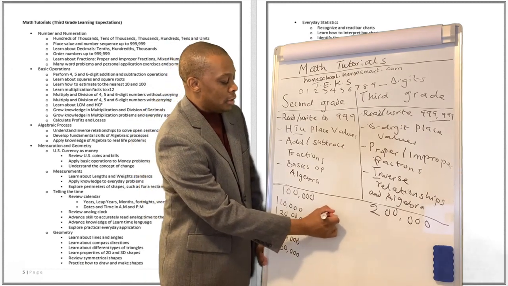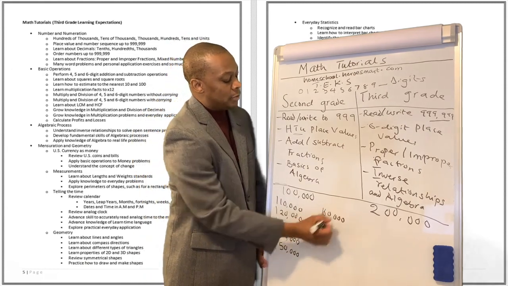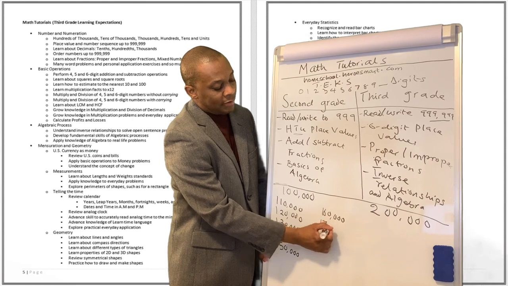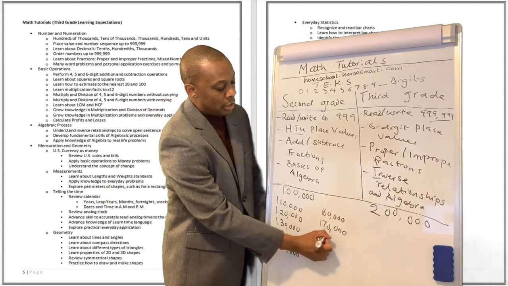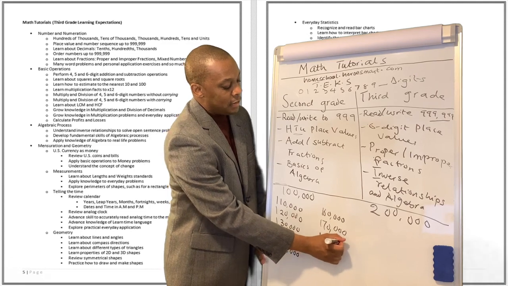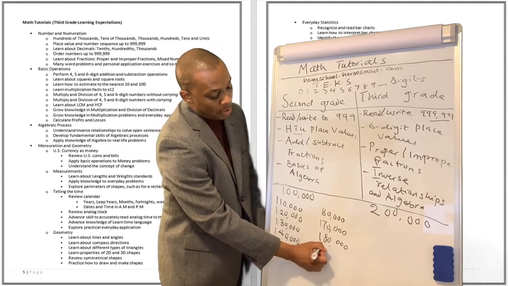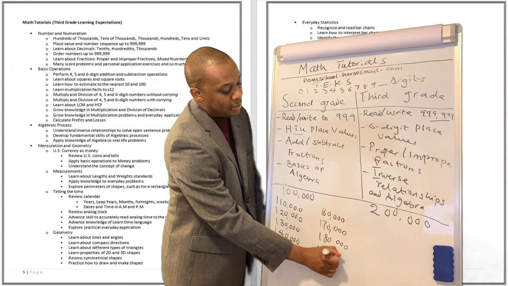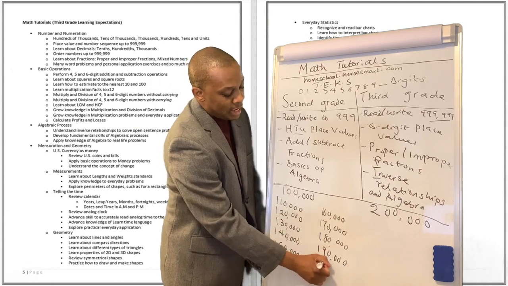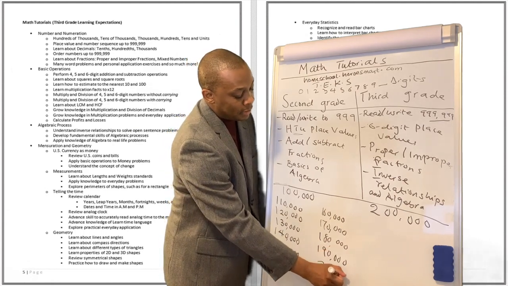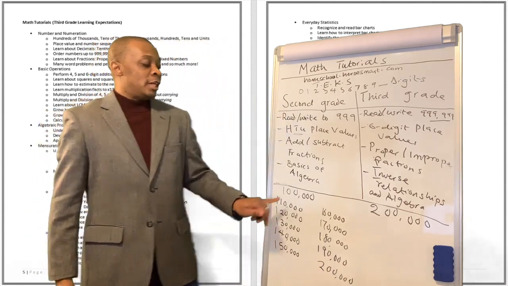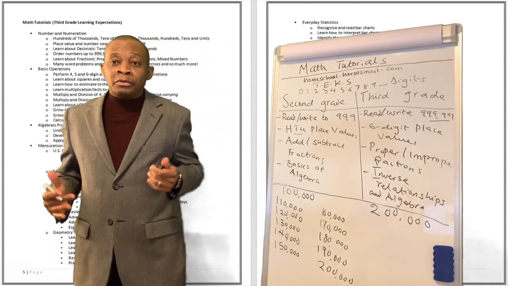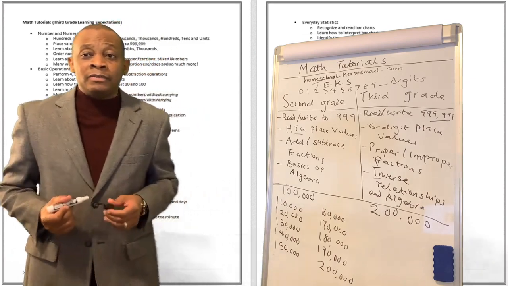And then 160,000. 170,000. 180,000. 190,000. And 200,000.